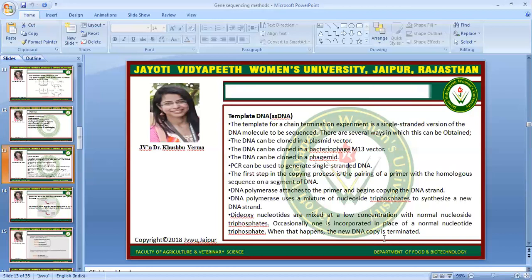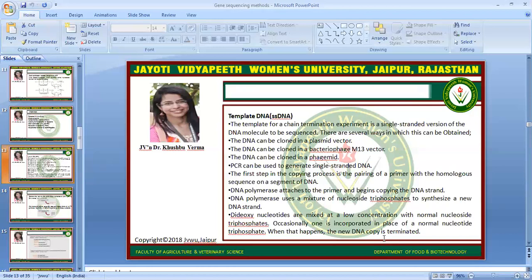So the first step in the copying process is the pairing of a primer with the homologous sequence on a segment of DNA. DNA polymerase attaches to the primer and begins copying the DNA strand. DNA polymerase uses a mixture of nucleoside triphosphates to synthesize a new DNA strand.